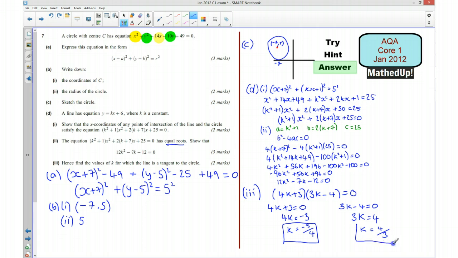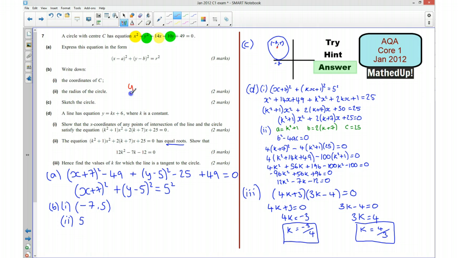And in case you're wondering, I'm going to quickly explain why there are two solutions. We found the values of k for which the line is a tangent to the circle, and the k came from this equation here, which is the equation of our line. So in fact, we've found two lines.